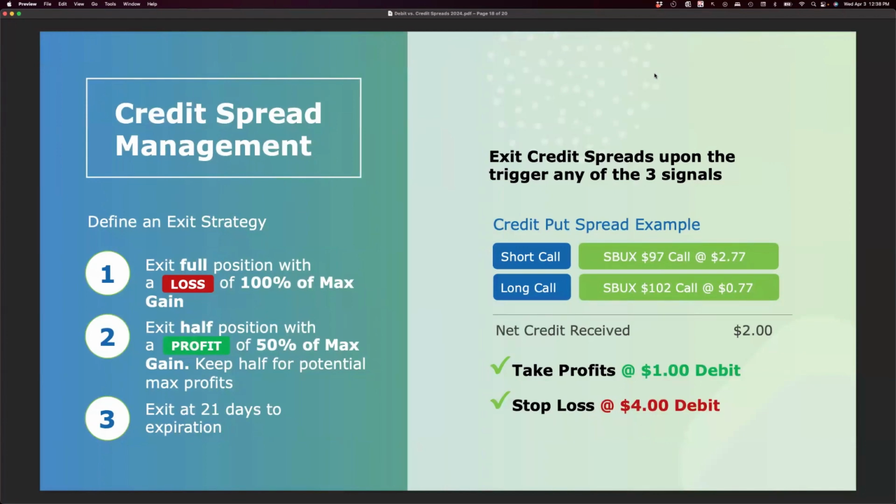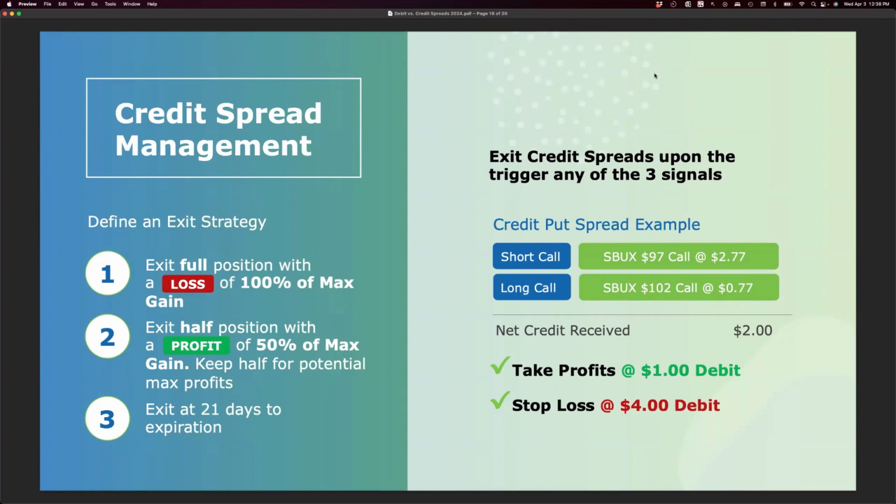But before we do that, let's talk a little bit about managing credit spreads. Once you've sold the credit spread, when do you take profits? When do you cut losses? There's an additional component of selling credit spreads that we need to be aware of, which is assignment risk. Because you are short an option, you are not in the driver's seat.